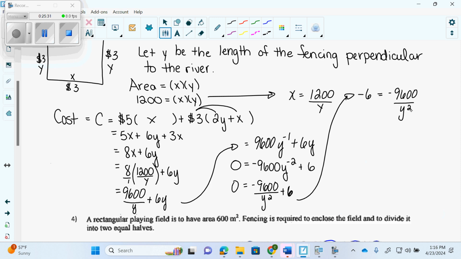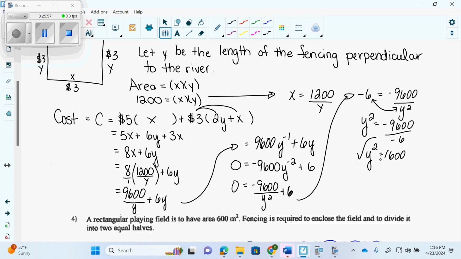Then what do? Bring the y squared up, bring the negative 6 down, right? So I get y squared equals negative 9,600 divided by negative 6. So y squared equals 1,600.